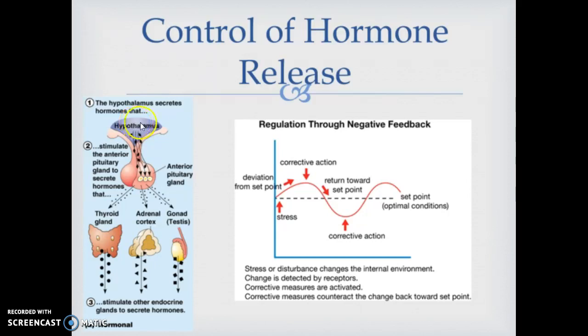The hypothalamus will execute a corrective action. It will release a hormone to stimulate the anterior pituitary gland to release a second hormone that goes to the thyroid gland, in the example I'm using here, to release the hormone that is needed. Once this gets into the blood, we start moving back towards our set point.